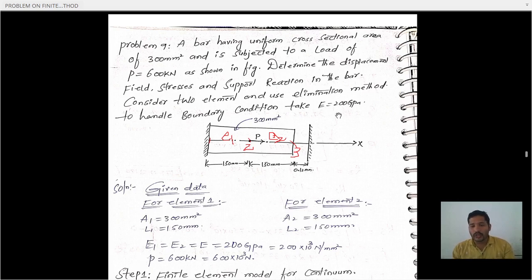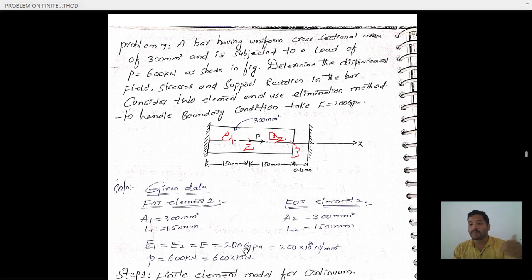After that, in this question, the modulus of elasticity or Young's modulus value is given. How much is given? 200 gigapascal. So we know very well 1 Pascal equals 1 Newton per meter square. But if you want to convert to millimeter square, then 200 giga means 10 power of 9.